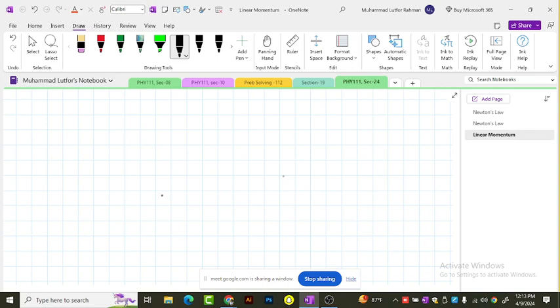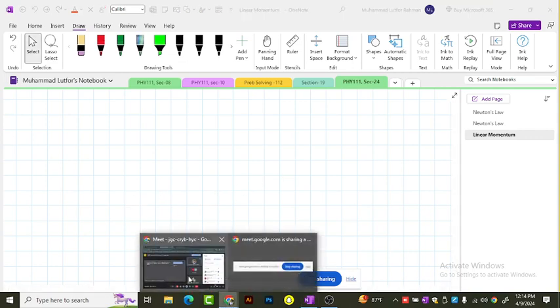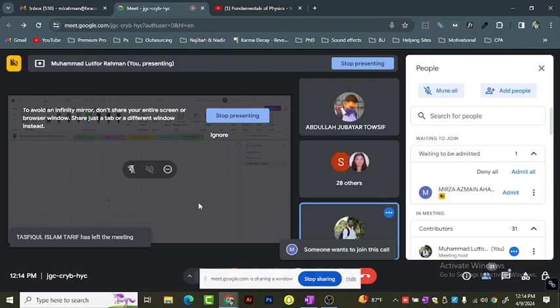Sir, you can take it. Sir, did you say 24? No, no, I said section 2. Yeah, I'm coming to 24 also. Where is my CR from the different section? Abdullah from section 2. Where is Nawaz?